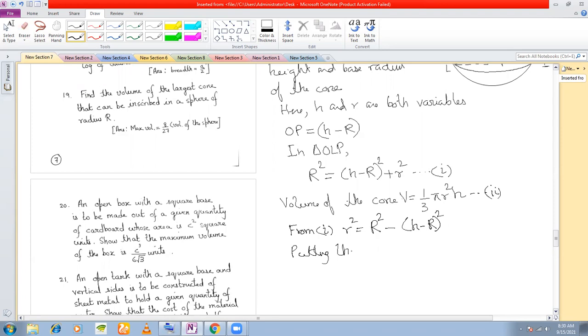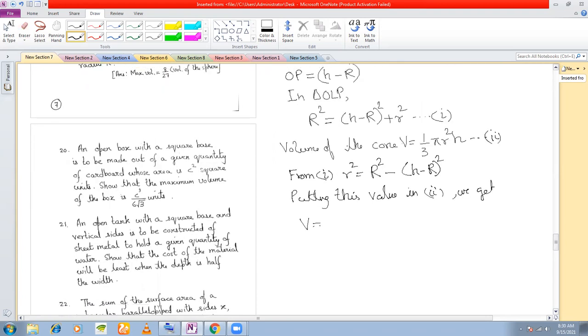Putting this value into v, we get v is equal to 1/3 pi h into R square minus h minus R whole square, right?